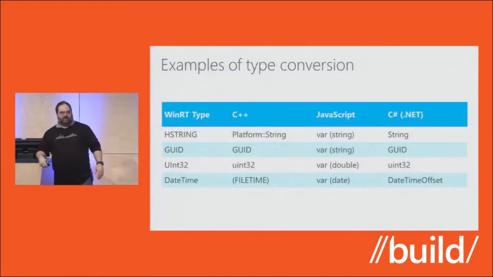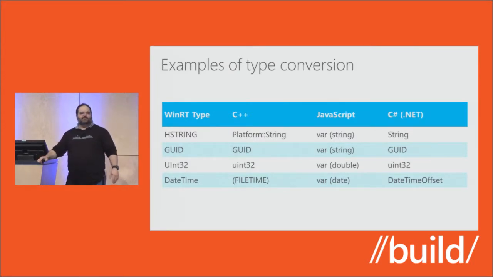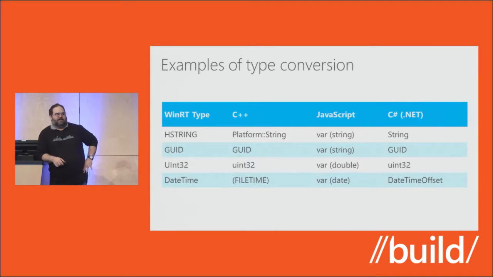So let's talk for a second about some of the interesting ones. And this isn't all of them, but I think this is most of them. I didn't go through and do an exhaustive search, but we can take a look. Strings, I think, is one of the really interesting ones because the WinRT type on the left is the type in the Windows runtime platform itself. And so at the boundaries, we'll convert to the WinRT type.